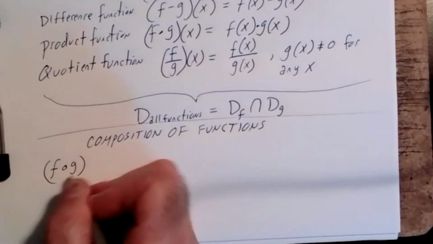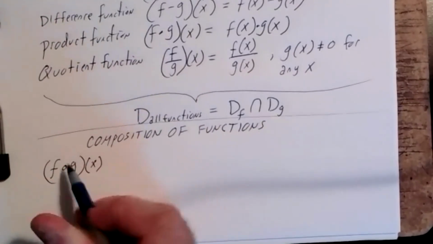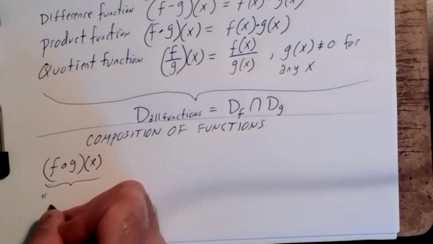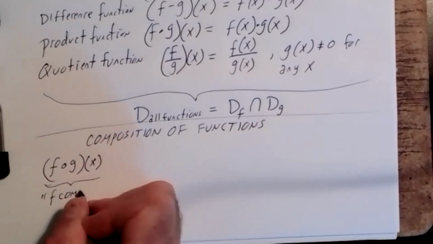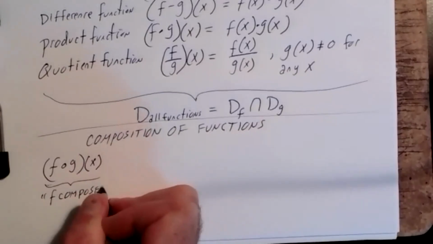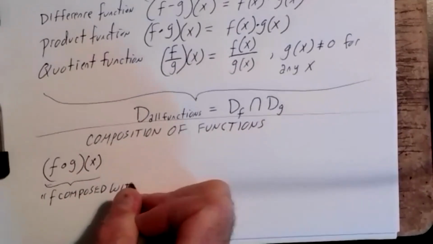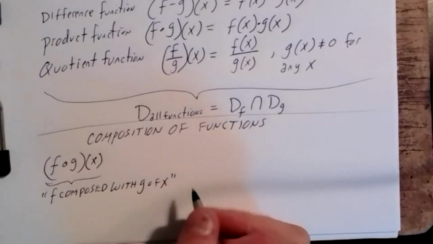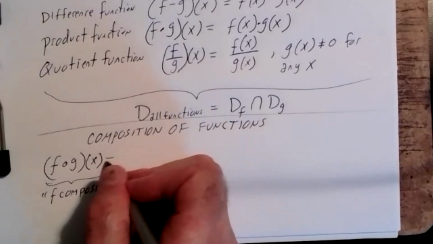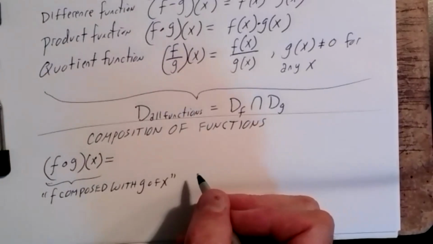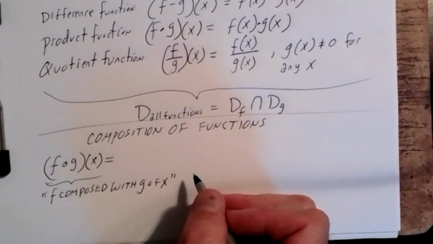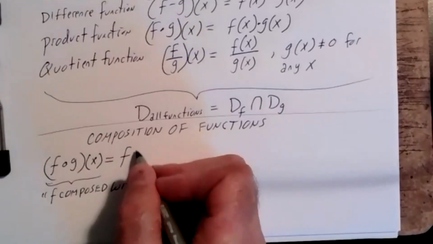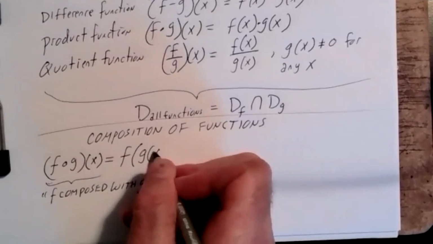The composition operator is a little open circle, and we would read this brand new function as f composed with g of x. What the composition function does is it takes the output of one function and feeds that output into another function. So f composed with g of x is going to be the function of f of g of x.